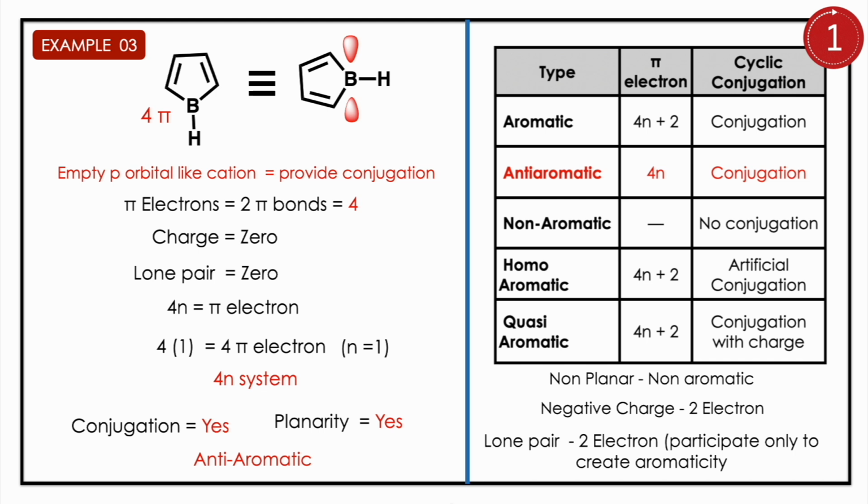So let us analyze the pi bonds. 2 pi bonds are there, so 4. Charge is not there; it is like a cation, so charge is 0. Lone pair also not there, so 0. So totally 4 pi electrons, a 4n system where n equals 1. The compound is conjugated because the empty orbital helps the delocalization. The compound is definitely planar. So the system is a 4n system, conjugated and planar, which means it is an anti-aromatic compound.